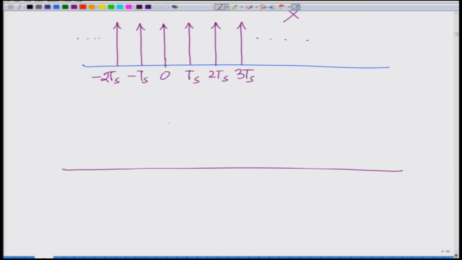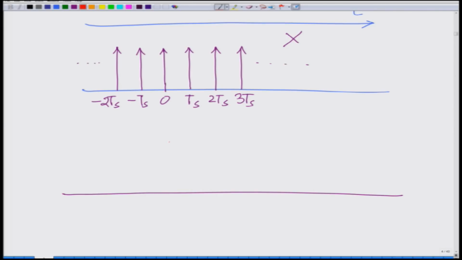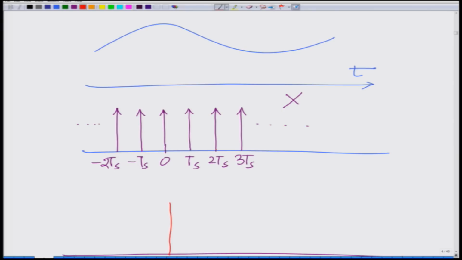Therefore, the signal at 0 will pick m of 0. At Ts you will pick m of Ts.